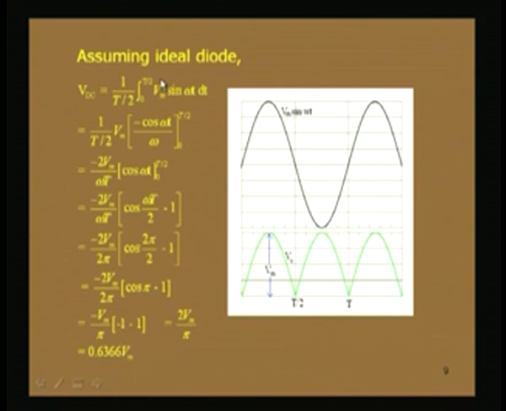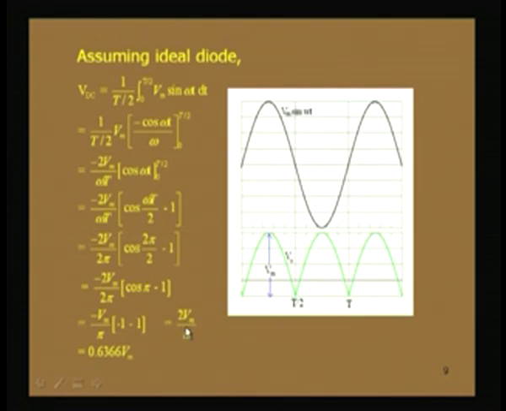So, if we do this integration, put down the limits, and as well find out that omega T is equal to 2 pi, then substituting, we get finally the output average voltage equal to 2 by pi into Vm.